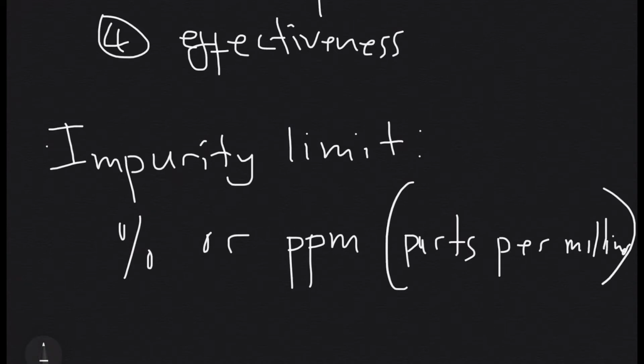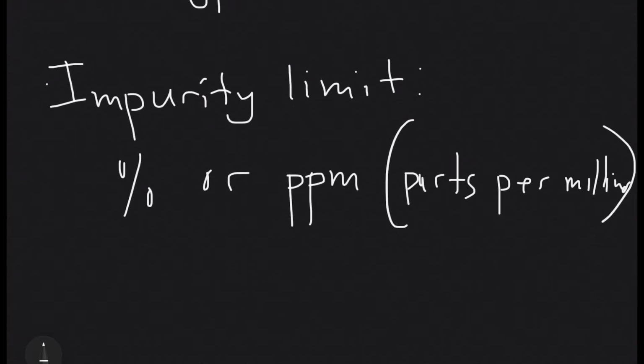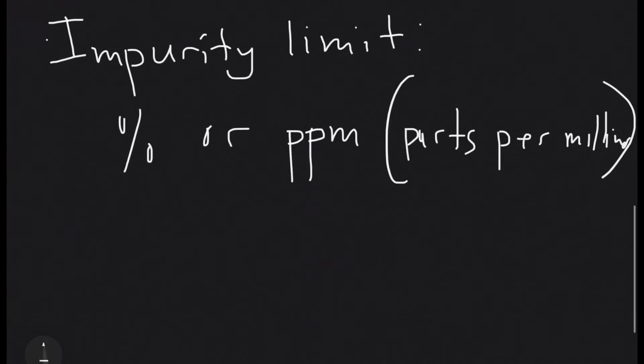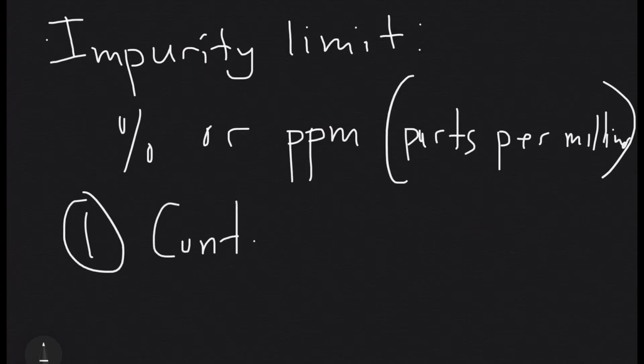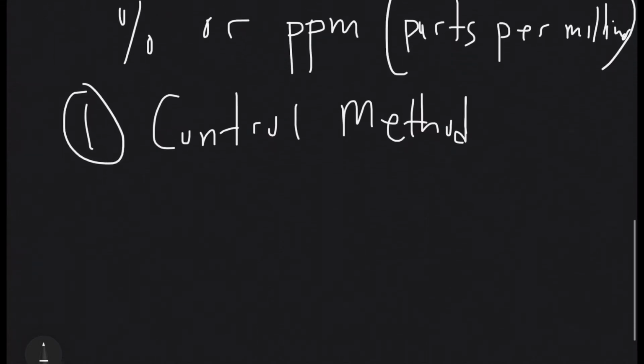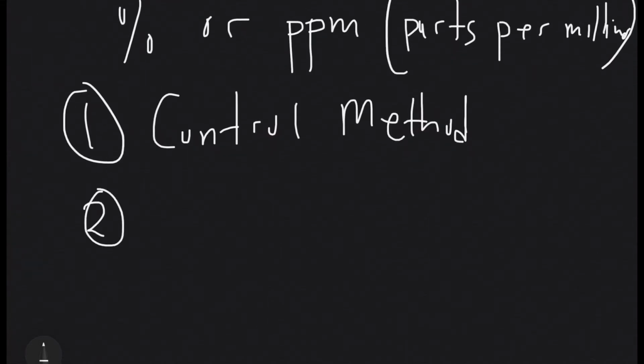In calculating the impurity limit, we have three methods which we can use. The first, and the most common one, is the control method. The second method is the sensitive method.